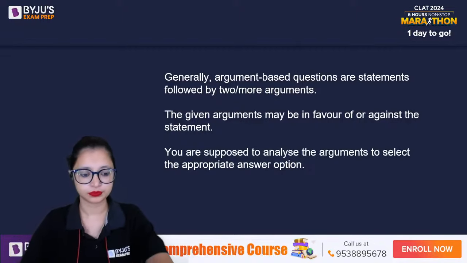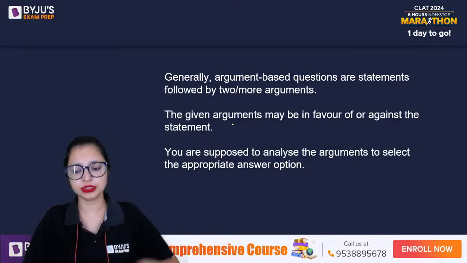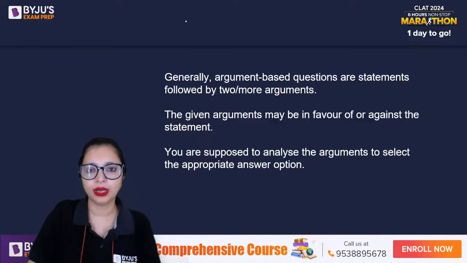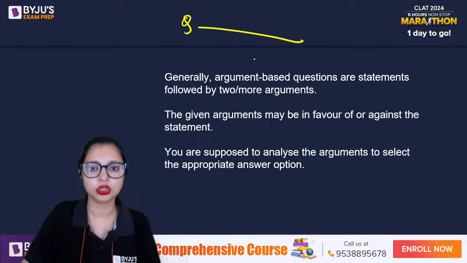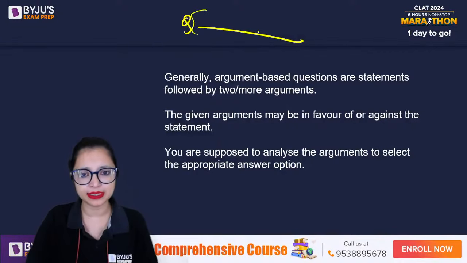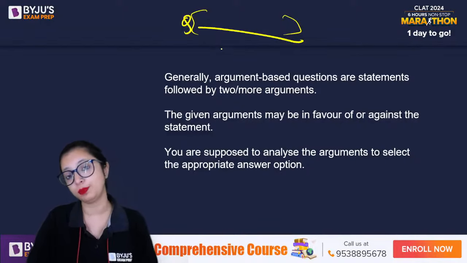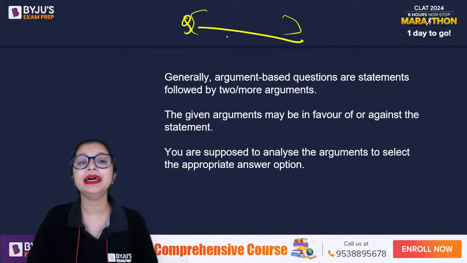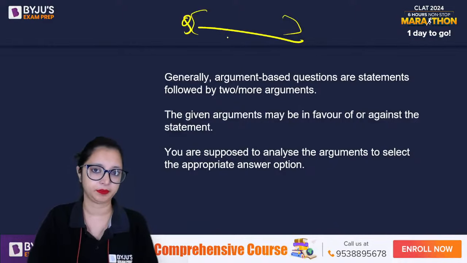The type of questions are: you will be given one statement, you can call it a premise, some data in the question, and usually the premise given to you in the question will be a debatable topic.